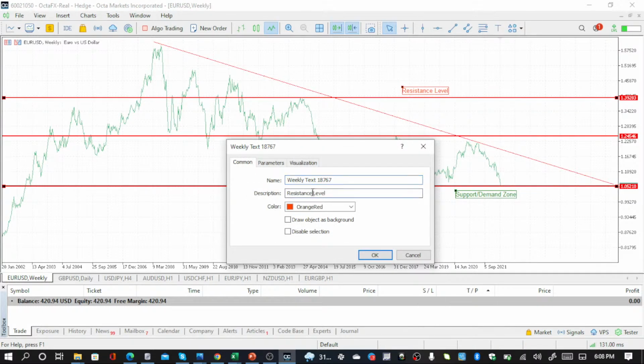To make it clear for you, we have resistance level or supply zone. I want it to be clear to you all so that you can understand what I'm trying to say here. We can either call it resistance level or supply zone.